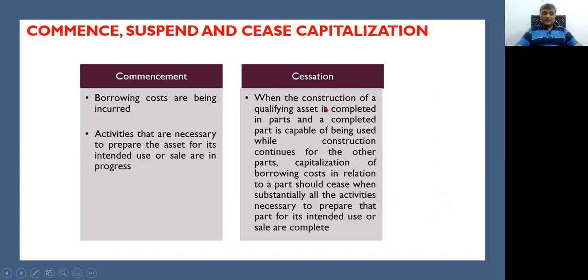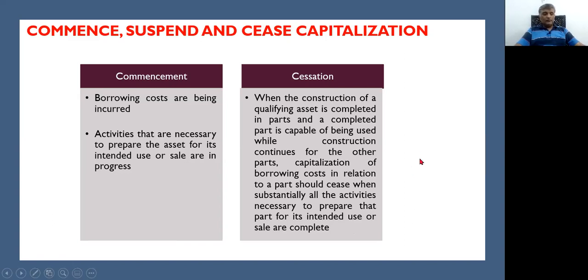Similarly, when the construction of a qualifying asset is completed in parts and a completed part is capable of being used while construction continues for the other parts, capitalization of the borrowing cost in relation to that part should cease when substantially all the activities necessary to prepare that part for its intended use or sale are complete. Let's take, for example, you are erecting four commercial buildings.